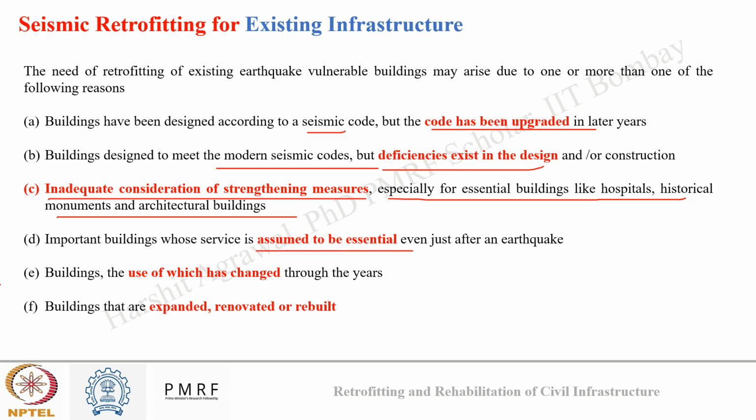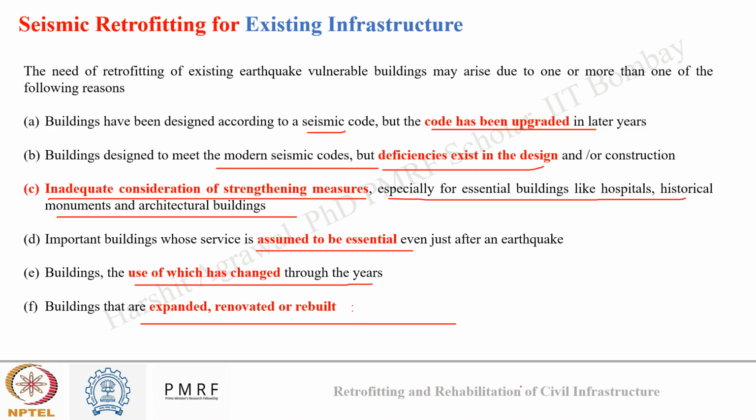Then, buildings whose use has changed over the years. If the functional performance of the building has changed, that can make a structure vulnerable to damage. Or a building that has been expanded, renovated, or rebuilt without considering seismic measures is again vulnerable to damage.